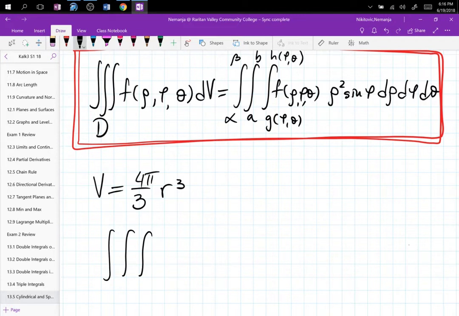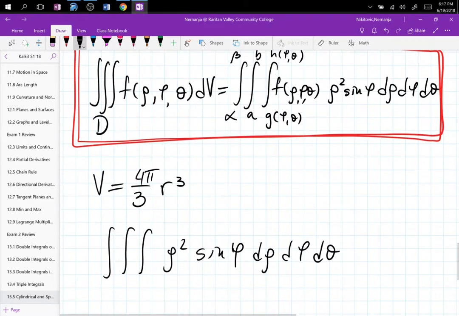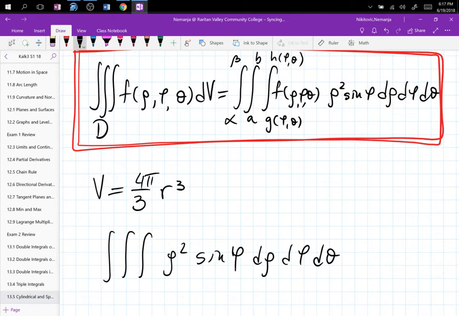Since I'm calculating the volume, I'm only going to put the string here: sine phi, d rho, d phi, d theta. And remember what I said: the outer angle is the one that swipes the radius around, so that's 0 to 2 pi. The z one goes from 0 to pi, and the radius goes from 0 to r. That's the d phi, d rho.